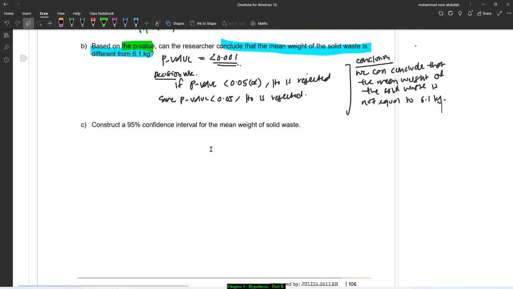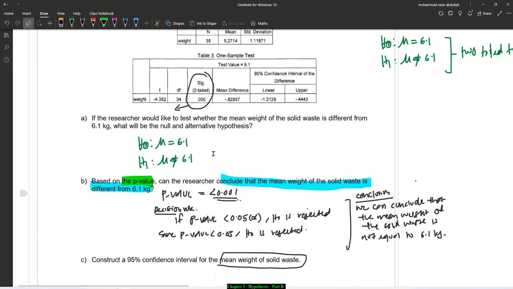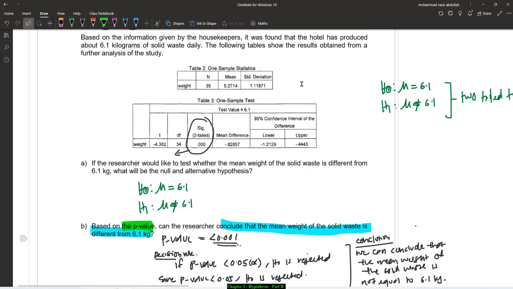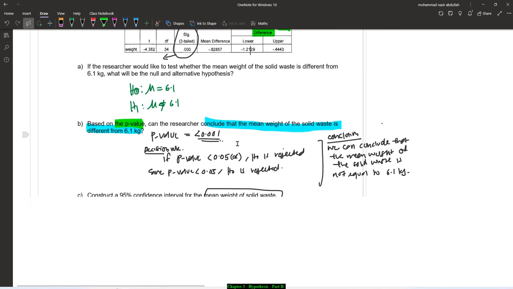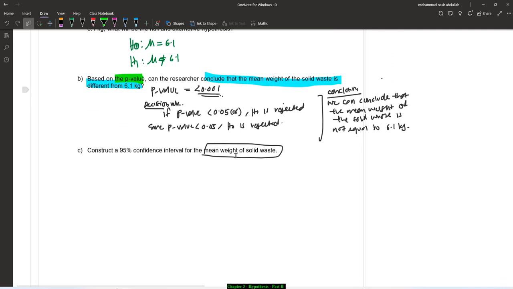Next is construct 95% confidence interval for the mean weight of solid waste. Here it gives the 95% confidence interval of the difference, right? So what we want to do is the mean of solid waste. So the confidence interval should be x bar plus minus whichever distribution we want to use.